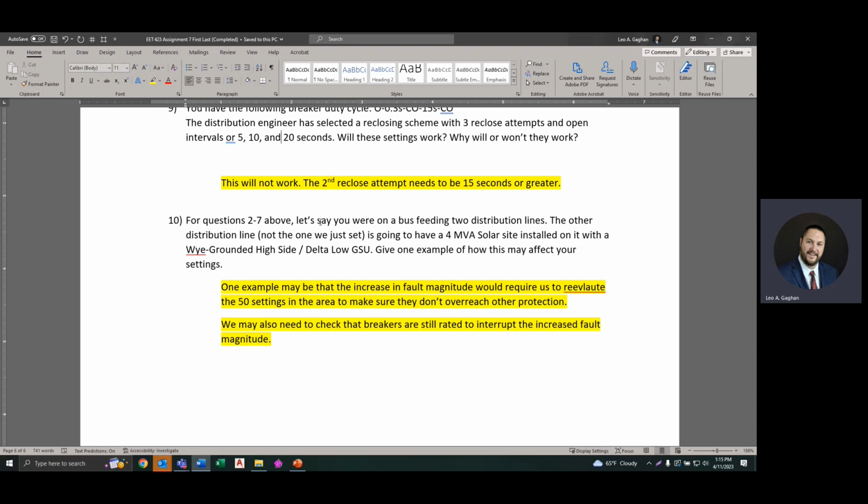So that would increase the fault magnitude on your line, both phase and ground. So we would have to reevaluate our 50 settings to make sure that we didn't overreach other protection. And then also, breakers have interrupting ratings. We may want to check the interrupting ratings on our breaker for that increased fault magnitude.